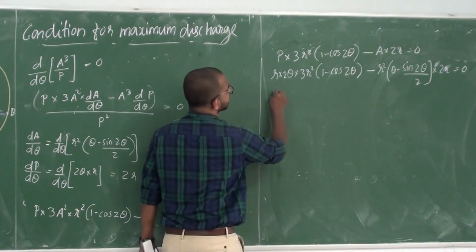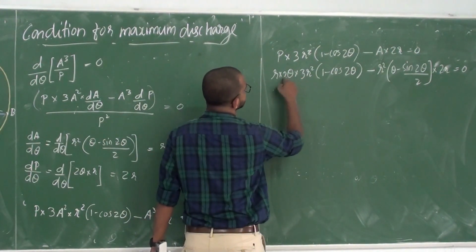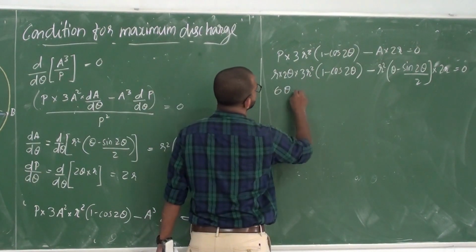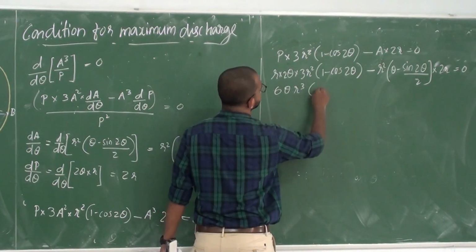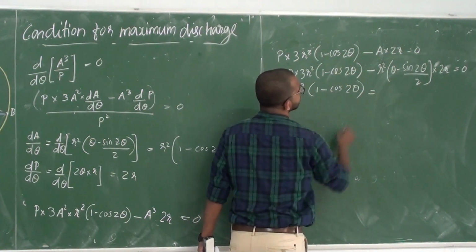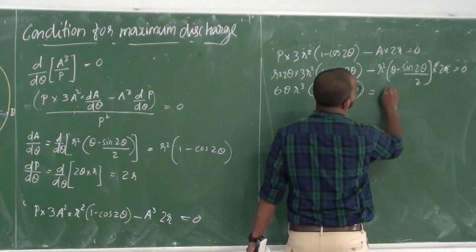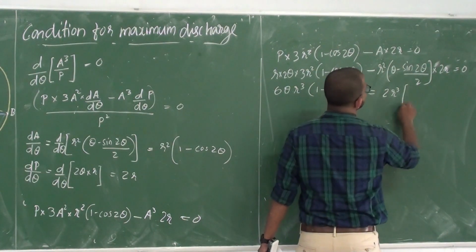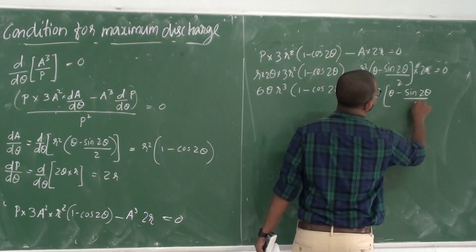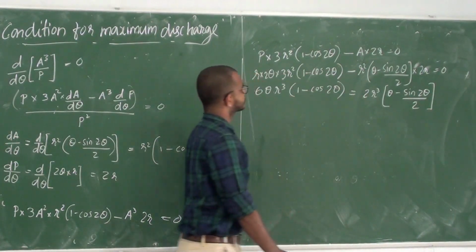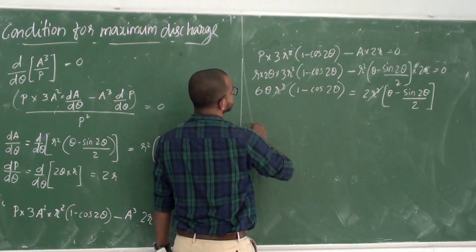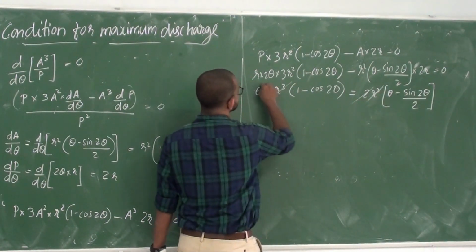So 3 into 2 is 6 theta r cube into 1 minus cos 2 theta equal to 2 r cube into theta minus sin 2 theta by 2. So we can cancel r cube.